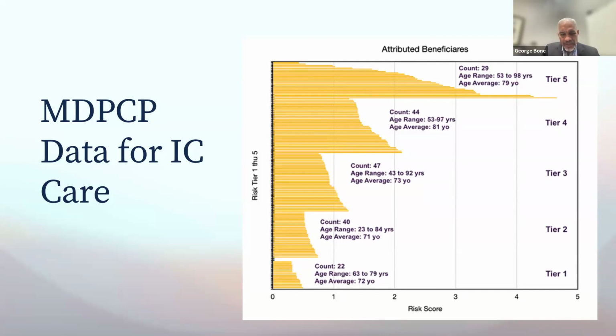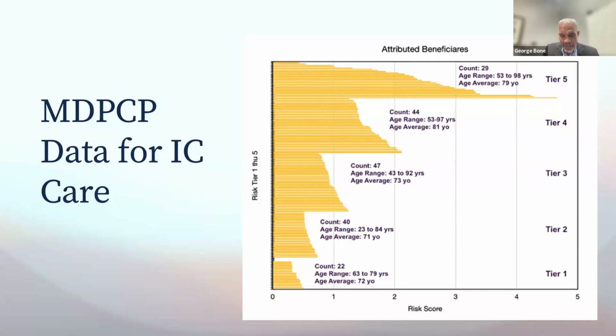the tiers, tier 1 spreads over ages 63 to 79 with an average age of 71. And as we go through the tiers, we can see that the average age goes from 71 to 81, but in our most complex, it's actually 79. So we can see that the average age is not giving us much information.